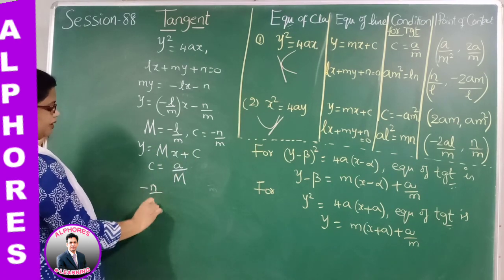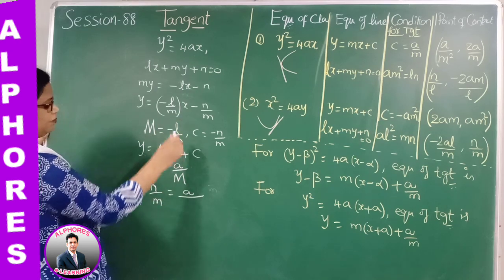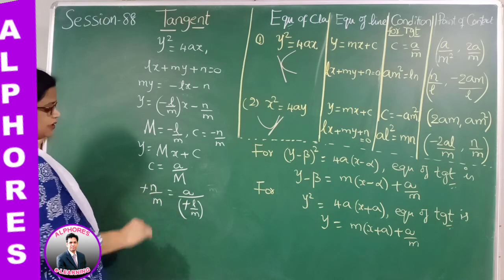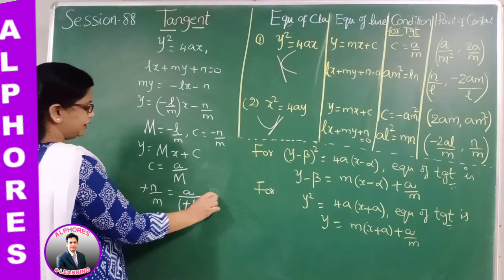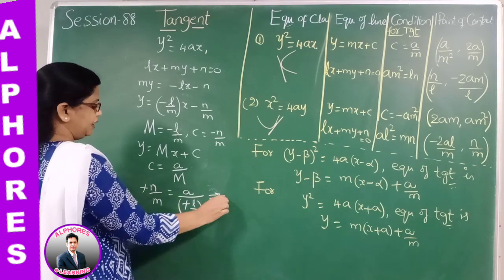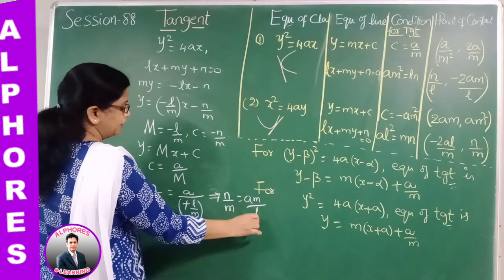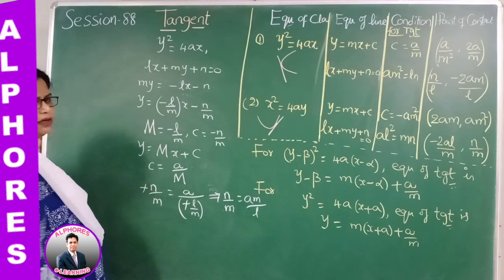So minus n by m is equal to a into a divided by M, and that M value is minus L divided by m. So let us cancel m and m, and thereby this value goes up. That implies n divided by m is equal to am divided by L. Then if you do cross multiplication, am square equals ln.